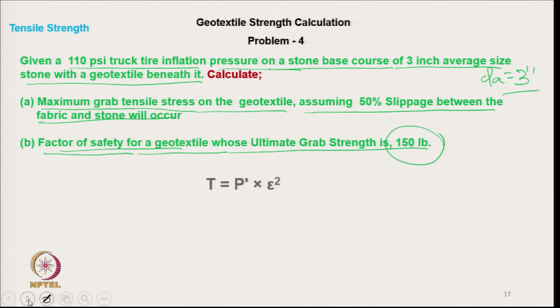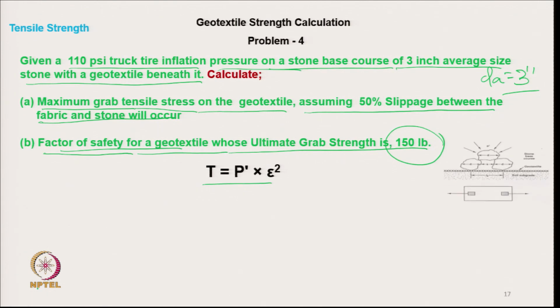So, we will use the formula relationship proposed by Koerner. T is the grab tensile stress.